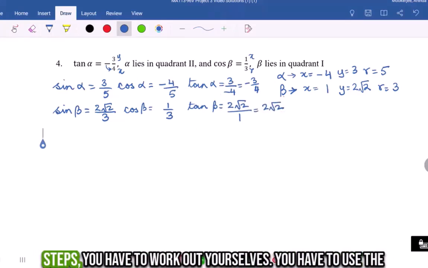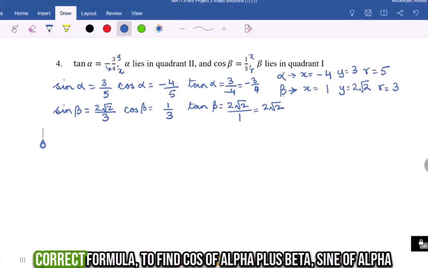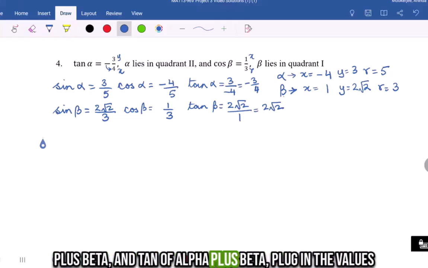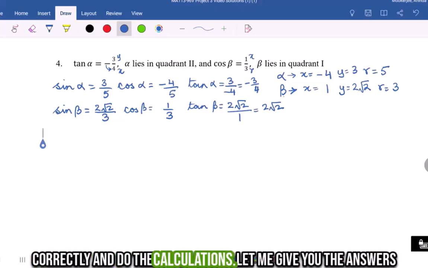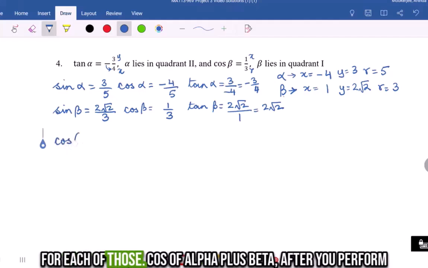Now, the next steps you have to work out yourselves. You have to use the correct formula to find cos of alpha plus beta, sine of alpha plus beta, and tan of alpha plus beta. Plug in the values correctly and do the calculations. Let me give you the answers for each of those.